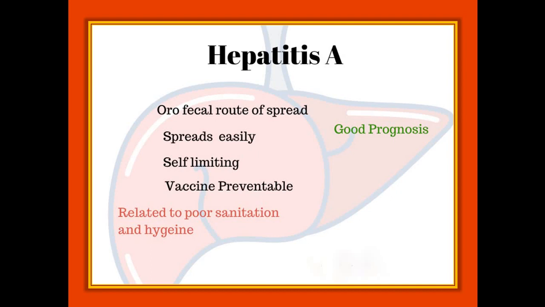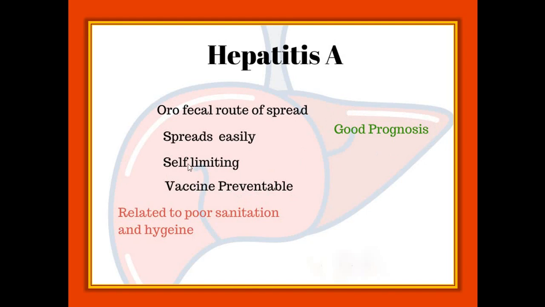Now we can summarize hepatitis A in the major points and outlines. The route of transmission is the orofecal route. It spreads easily, it is self-limiting, and it is vaccine preventable in the countries that apply it, and the disease carries a good prognosis.